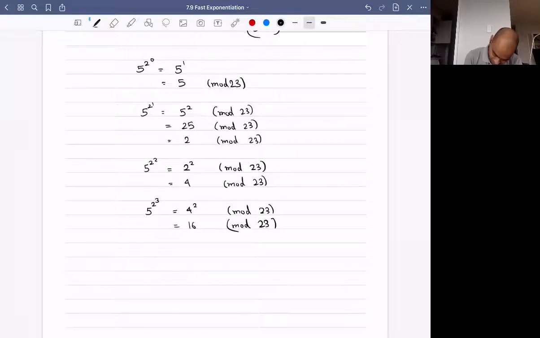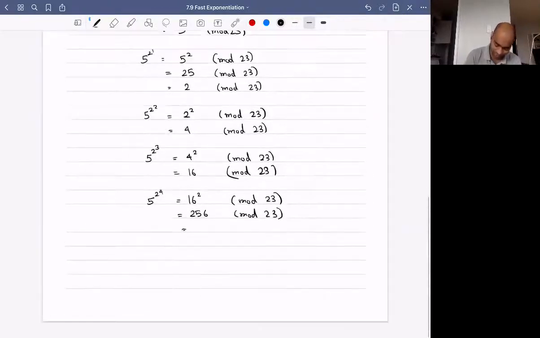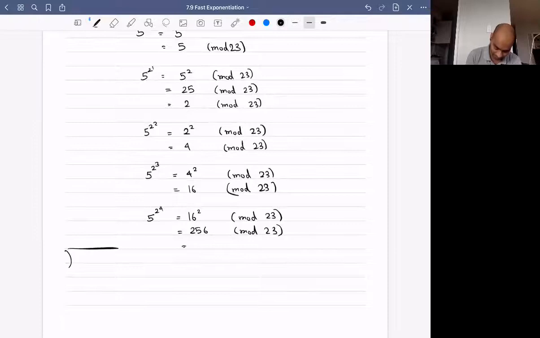And now 5 to the 2 to the 4 will be 16 squared mod 23. 16 squared is 256 mod 23. And let's do a long division to figure out what this is going to be. This will be 3 mod 23.